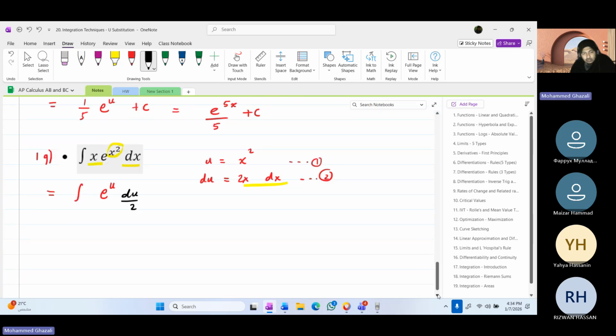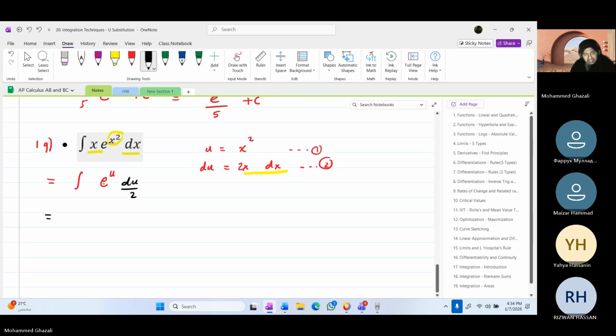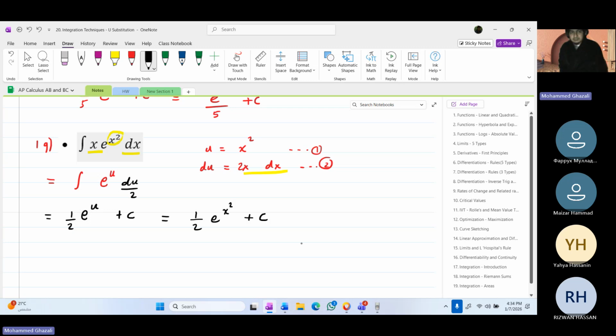And now we have the e to the power u form. The integral of e to the power u is just e to the power u plus c. Don't forget the half there. Now what is u? x squared. And that's my final answer. Are we good, guys? Any questions?